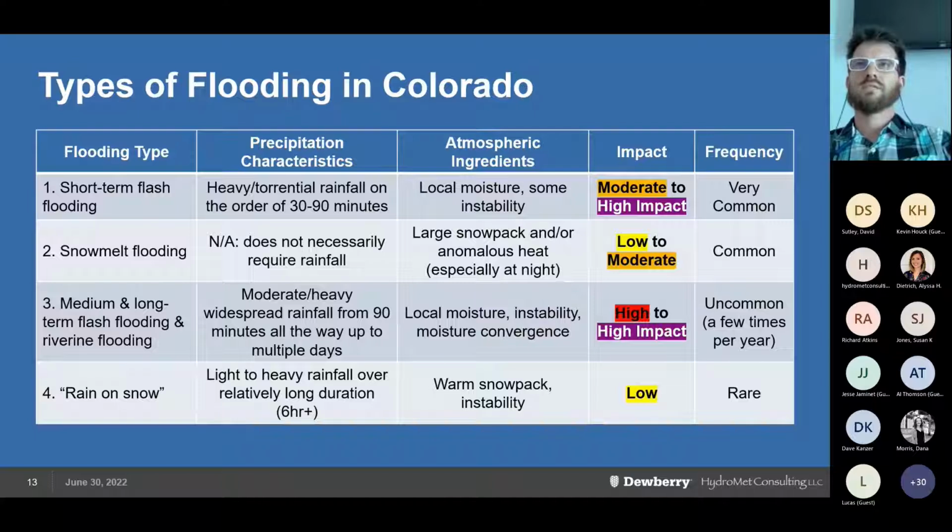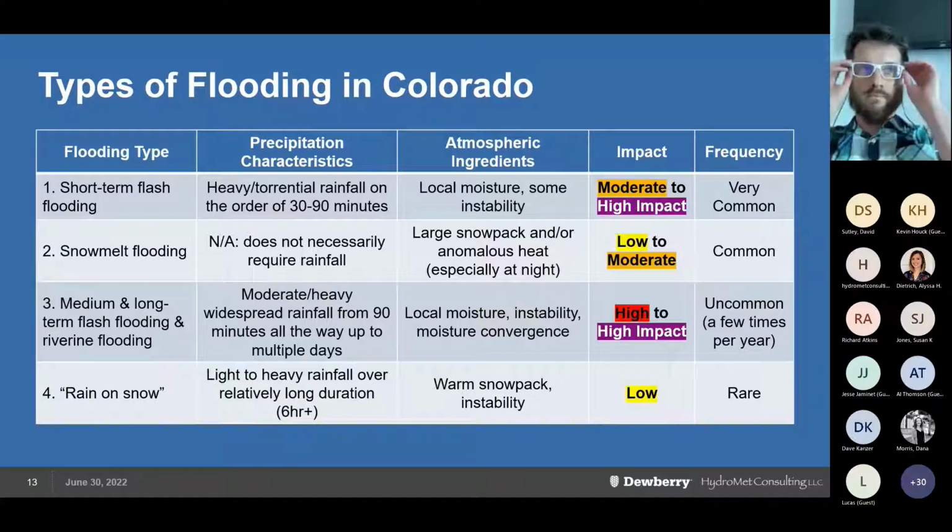These kinds of storms typically don't produce a riverine response, but they can produce a flash flooding response, especially if they're falling over steeper terrain or in a location that's received a lot of antecedent moisture. The other thing to know about these is that they're extremely common, and they probably represent 80 or 90% of all of the events that we look out for in the flood threat bulletin.